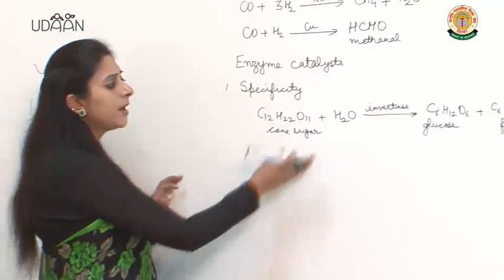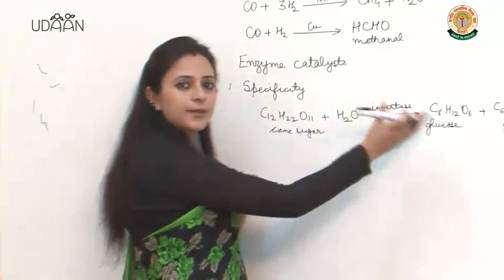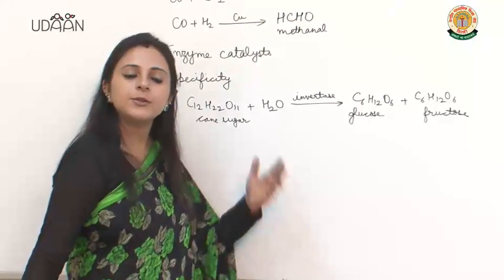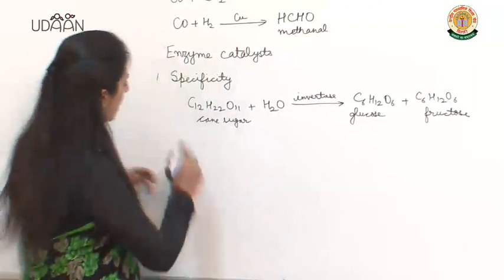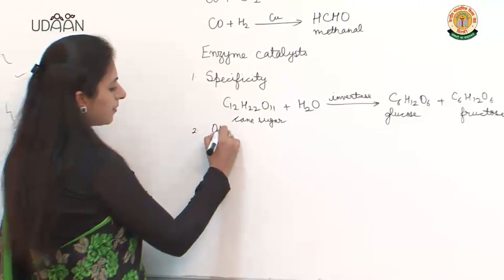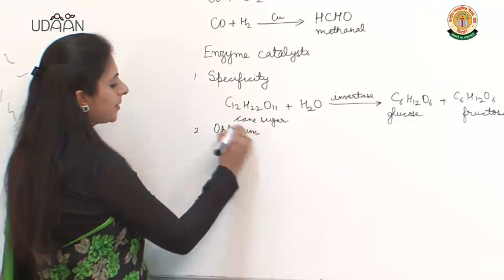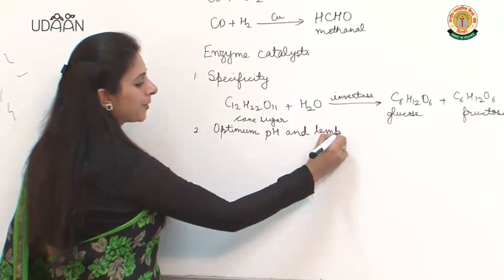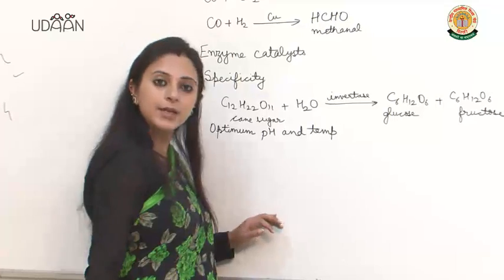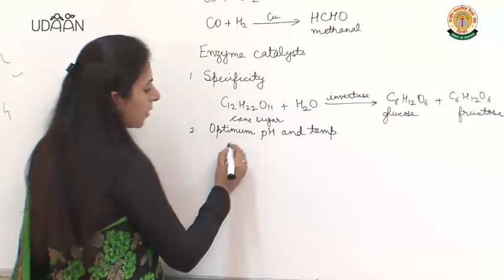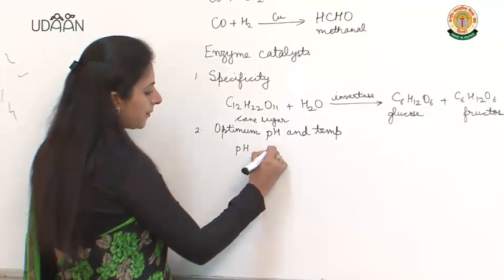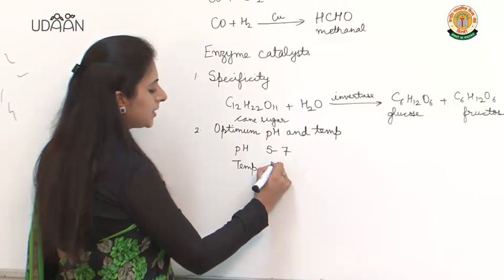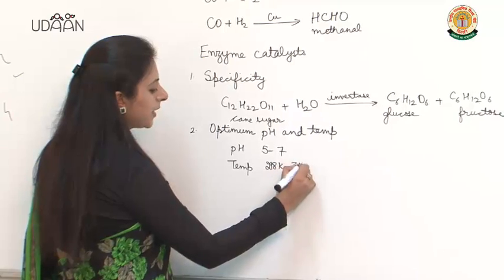So that means invertase can only catalyze this reaction. If I want to do the hydrolysis of maltose, I will have to use the enzyme maltase. Now there is an optimum pH and temperature at which these enzymes work. After that they become inactive. So what is the pH range? It is 5 to 7 and the temperature is 298 Kelvin to 310 Kelvin.